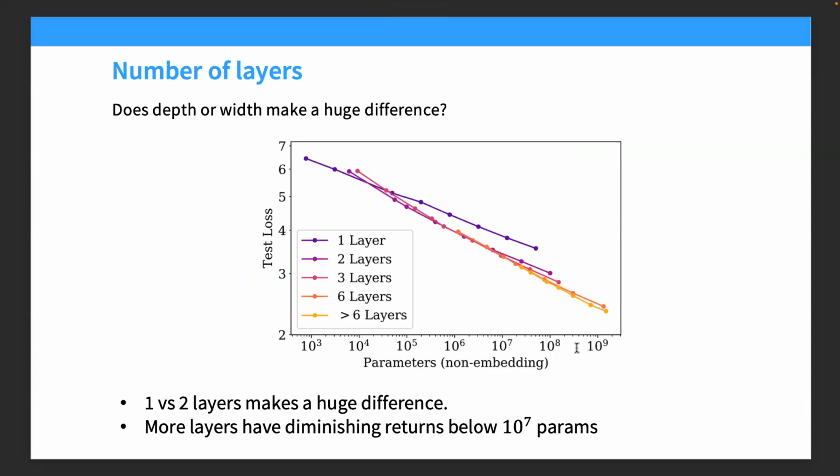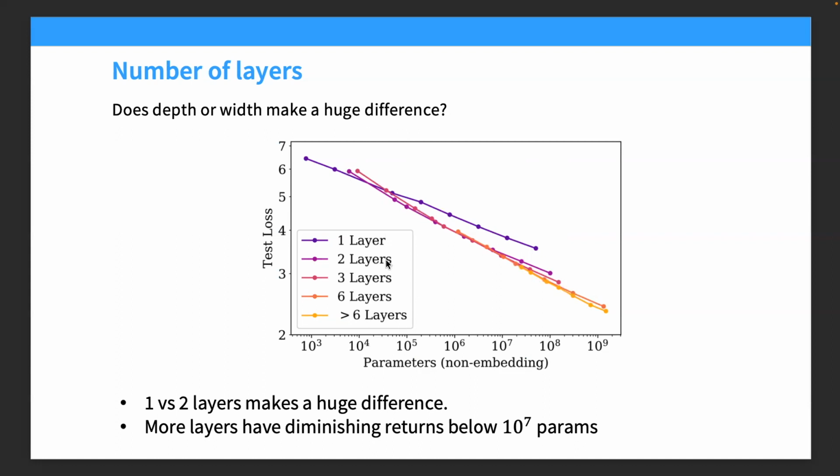Another interesting question is the number of layers. Does the depth or the width make a huge difference in language models? This is the one-layer configuration, and then this is a 2-layer configuration, and also 3-layer.